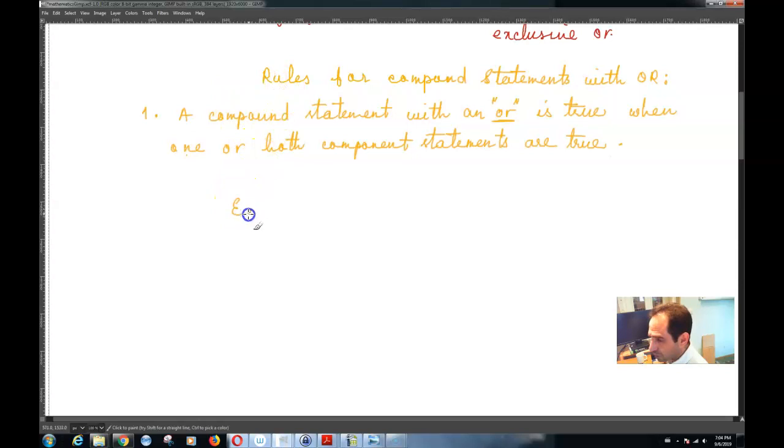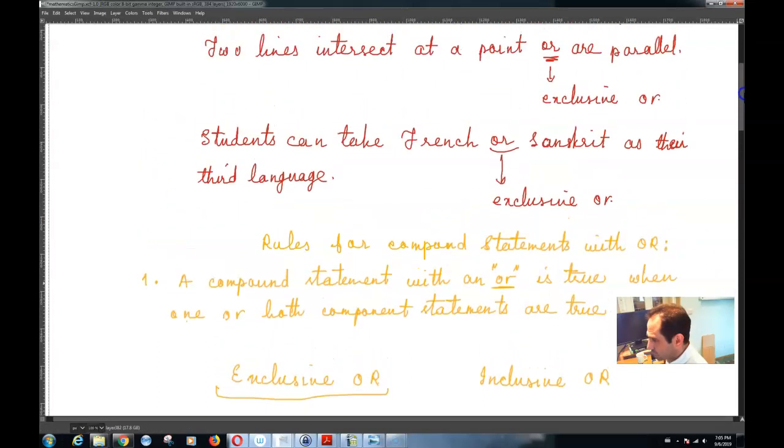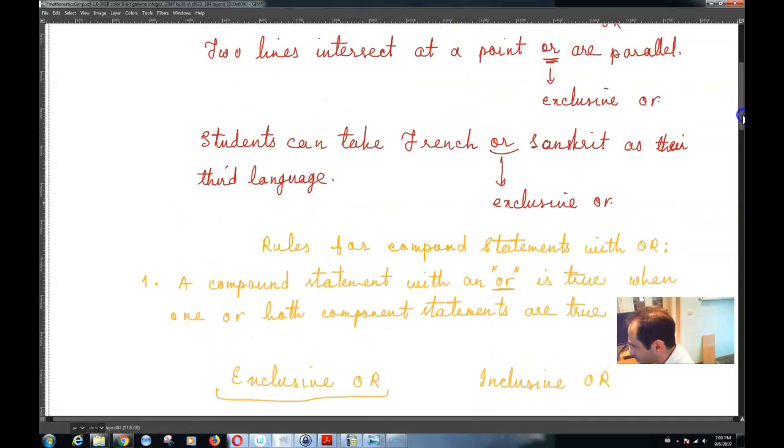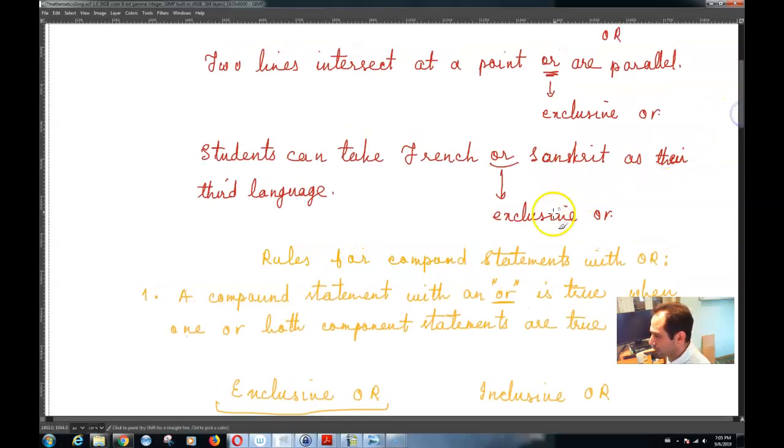So you're using either an exclusive OR or an inclusive OR.